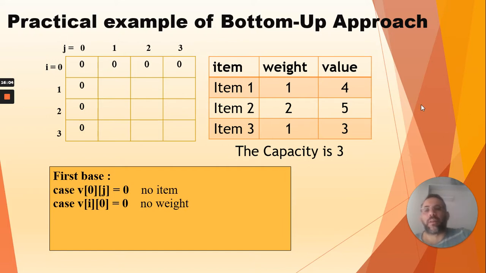This is a practical example of the bottom-up approach. This is the two-dimension array. The cells of the first row will be 0, and all the cells of the first column will be 0, as this is the first case, or the base case.